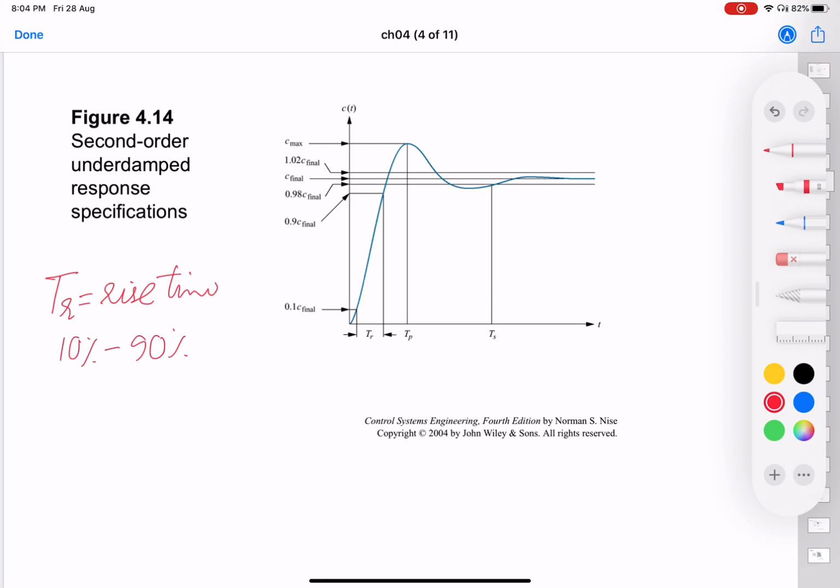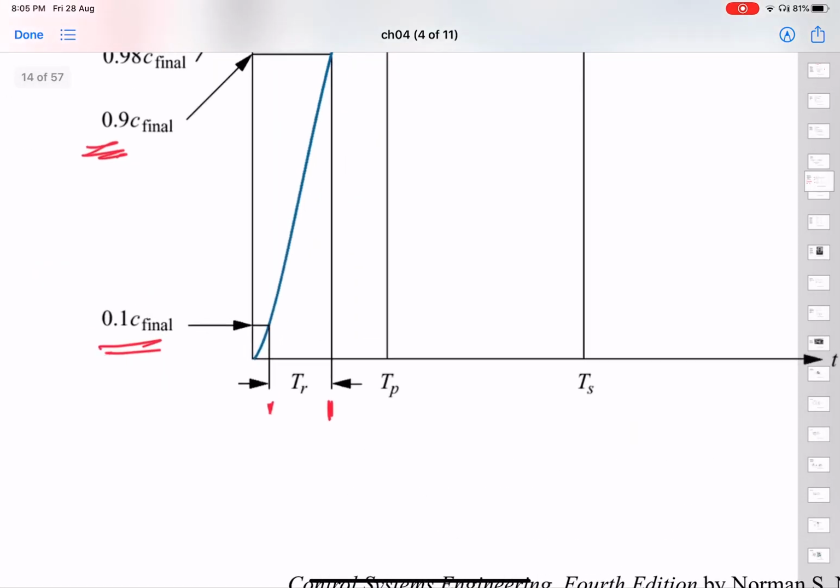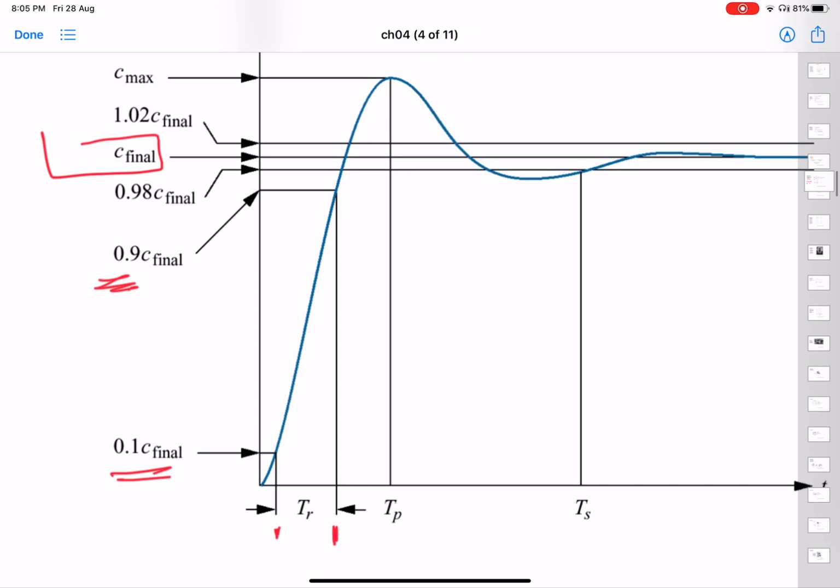If we have the final value being called C final here in this graph, the final value at which the second order step response settles down, we see the time taken to rise from 10% of the final value, that is 0.1 C final, to 90% of the final value, which is 0.9 C final. And this time in between, we call the rise time, right?